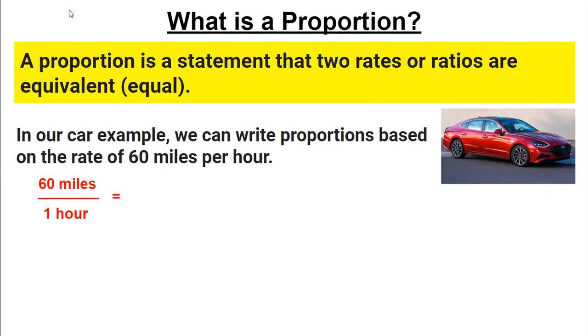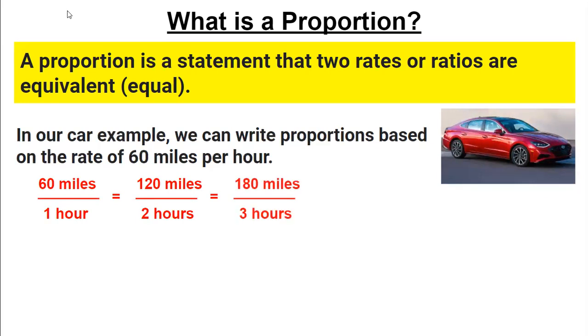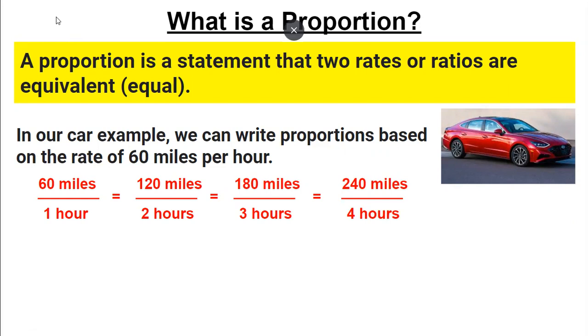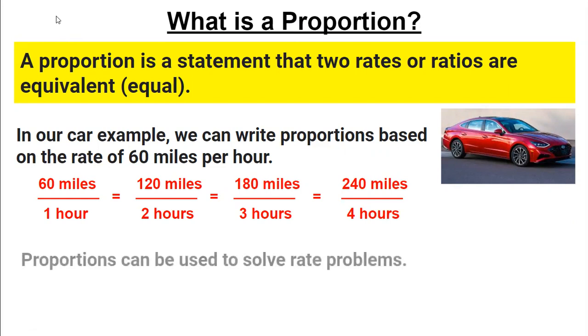And we can set that up as a proportion. That's the same as 120 miles in 2 hours. Or the car would go 180 miles in 3 hours. Or the car would go 240 miles in 4 hours. So it's adding 60 miles every time an hour increases. So that is a proportion, equivalent proportions.